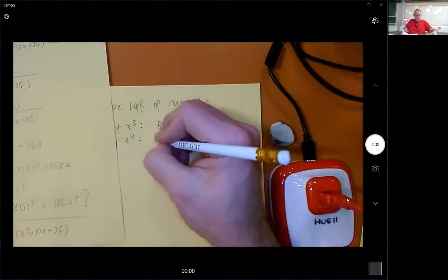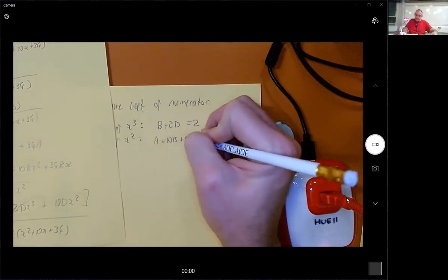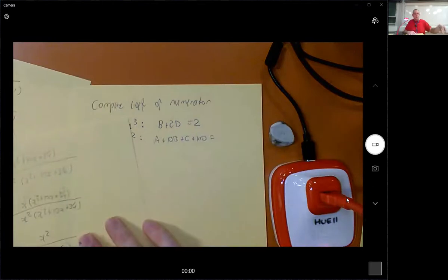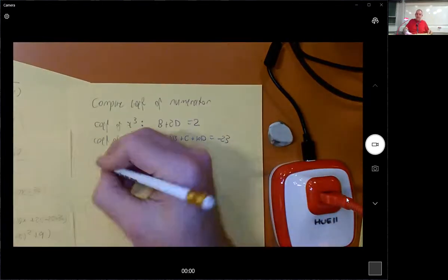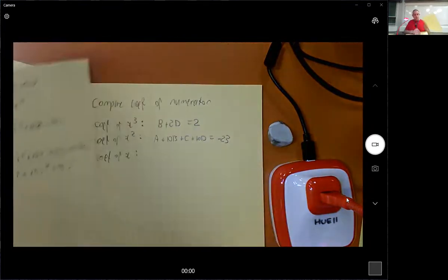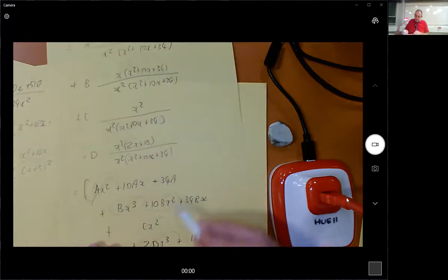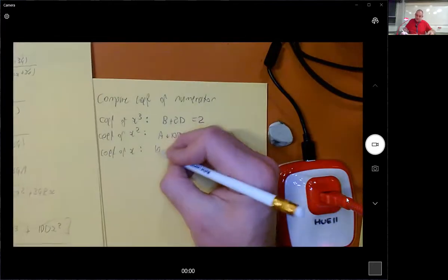We have a plus 10b plus c plus 10d, and all of that is supposed to be minus 23. And then I'll look at the coefficient of x. All right, 10a plus 34b.